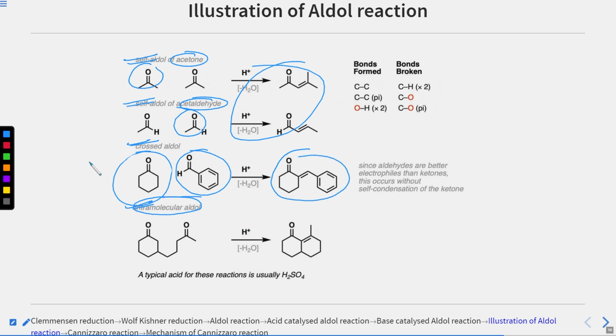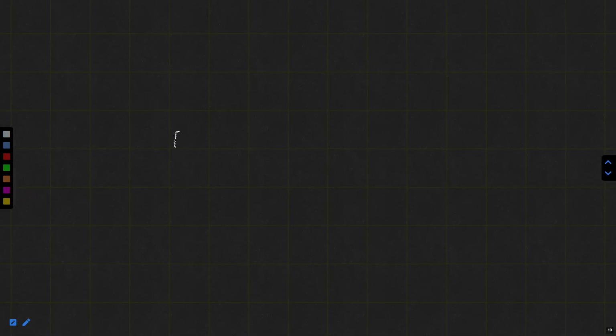Now what happens if it also has one H present here? Suppose we take an example like this. Now which one will be deprotonated and which one will be nucleophilically attacked?